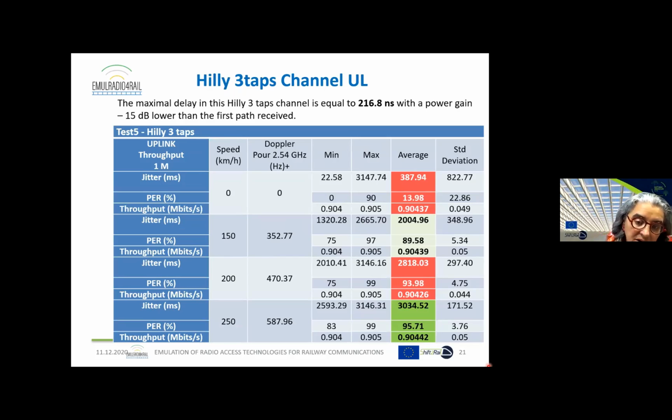So always in uplink we have bad results due to the USRP. And we observe bad results also in the software part, with a lot of warnings and errors. It is the problem of real-time treatment of the signal in the Open Air Interface version we are using.